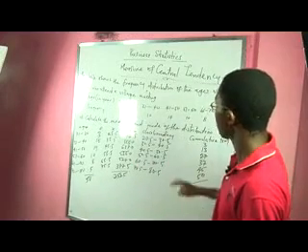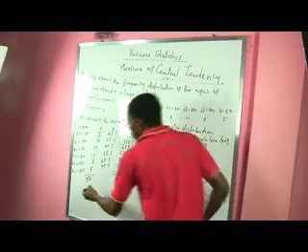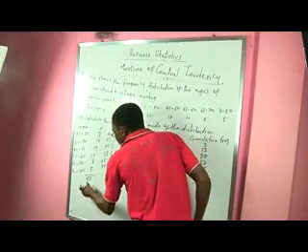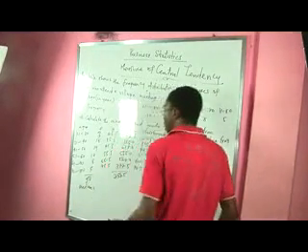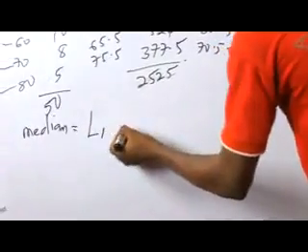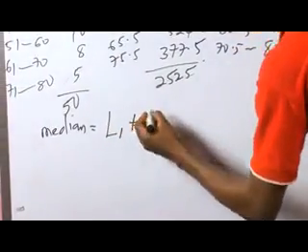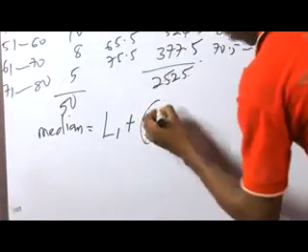Now, to get our median, the first thing is we have to get our formula in hand. And how would we get that? We use L1 plus equals to what? What are we adding?